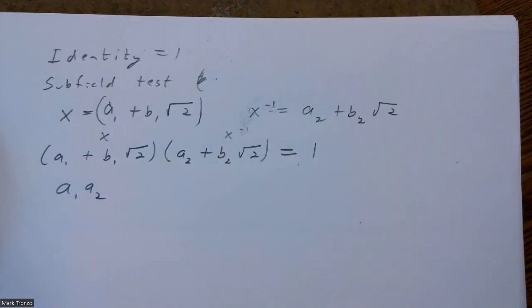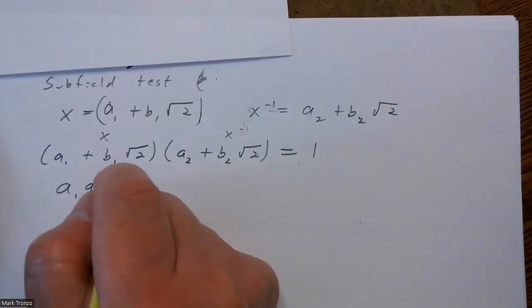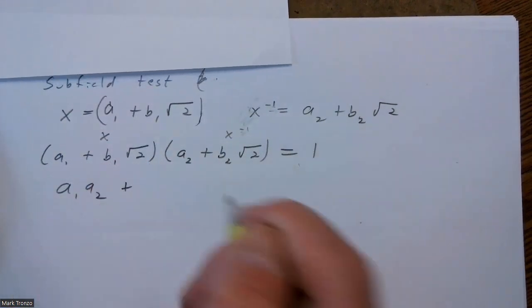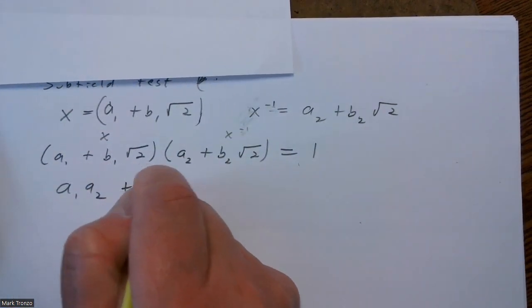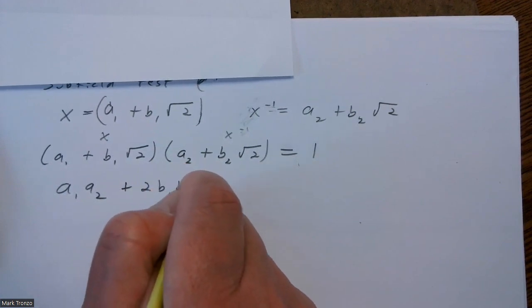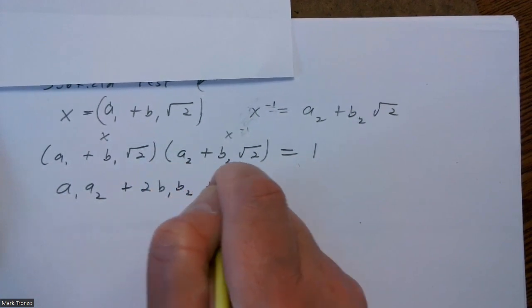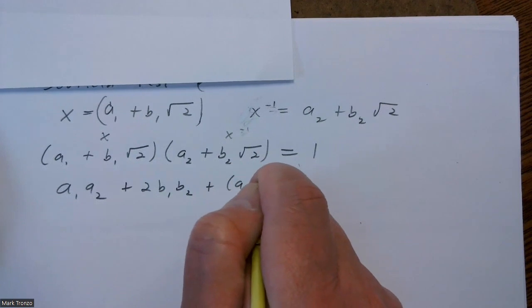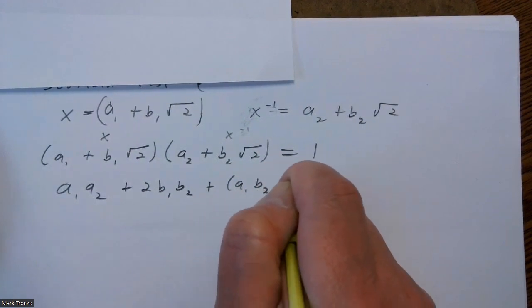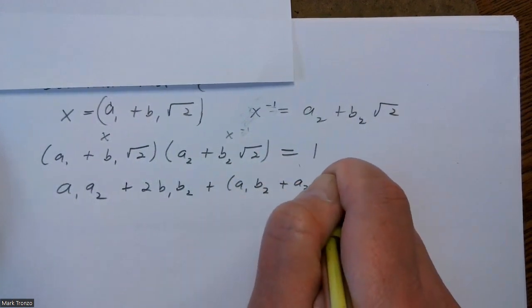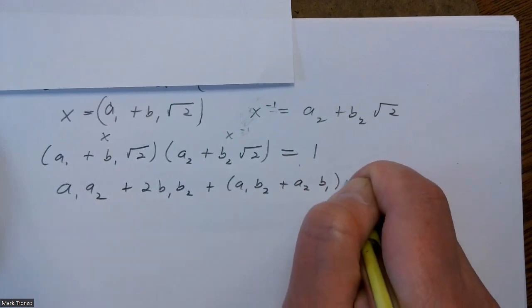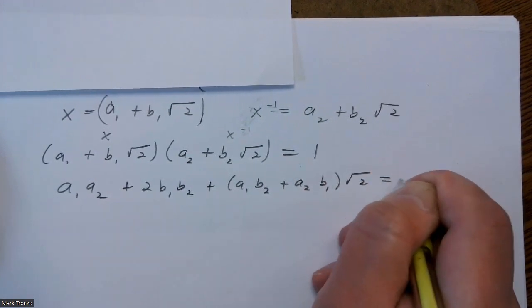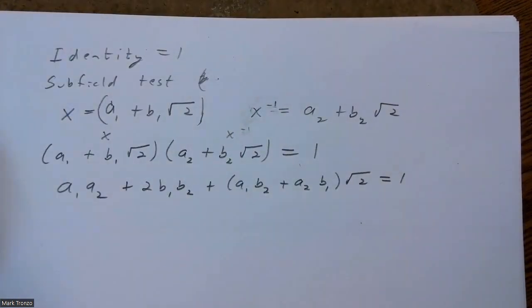And we actually had done that previously. So let me copy that from our last step. So this is going to be a1 a2 plus 2 b1 b2 plus (a1 b2 plus a2 b1) square root of 2, and that is going to be 1.